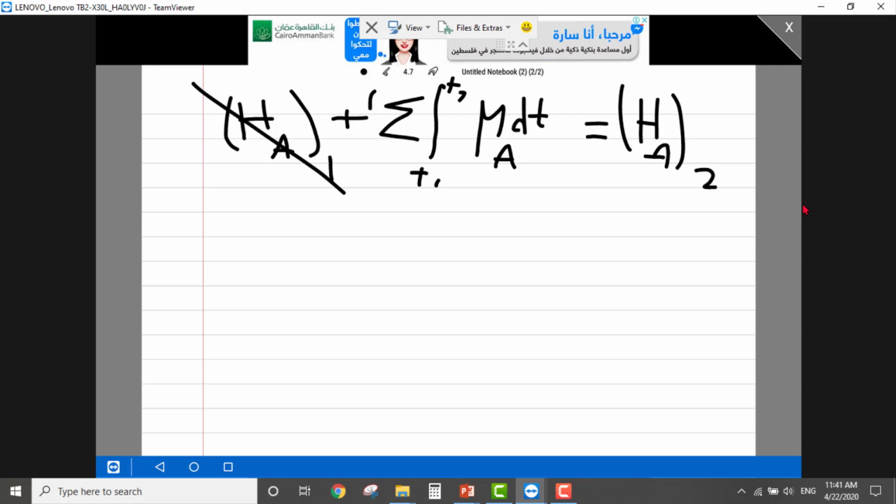By default, the first term is equal to 0 because it starts from rest.